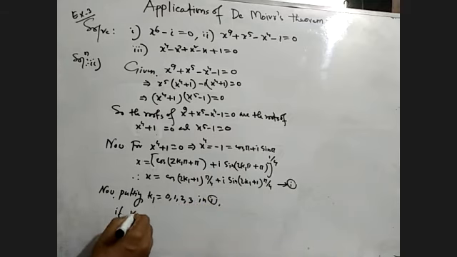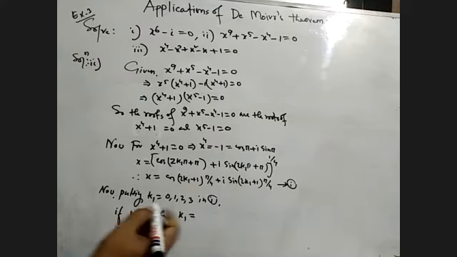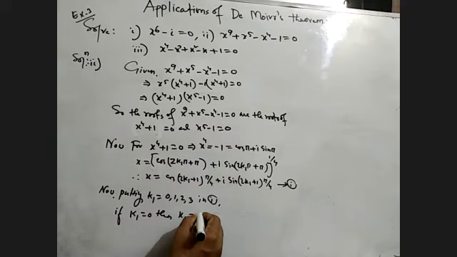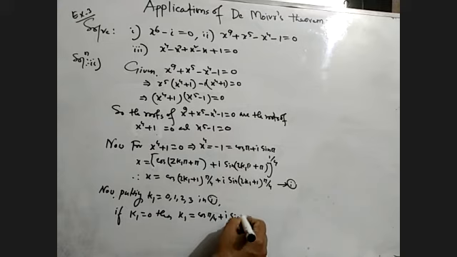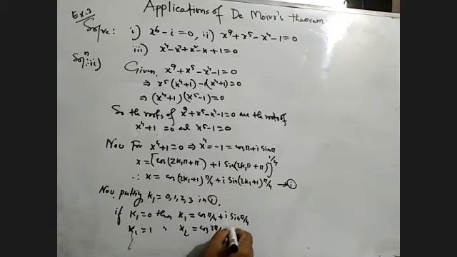If k1 equals 0, then the first root will be what? K1 equals 0, then cos pi by 4 plus i sin pi by 4. K1 equals 1, then the second root: cos 3 pi by 4 plus i sin 3 pi by 4.